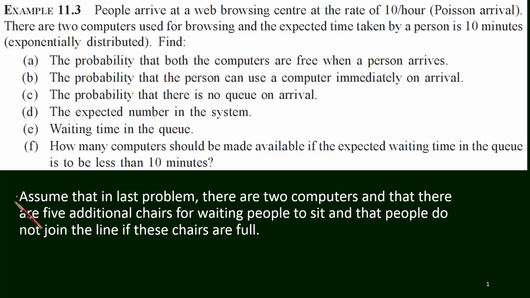But here the problem says to assume that in the last problem there are two computers and 5 additional chairs for waiting people to sit, and that people do not join the line if these chairs are full. That means it is restricting the number of customers in the queue.